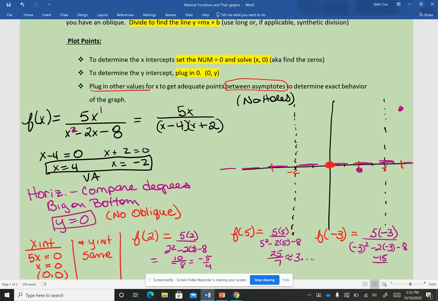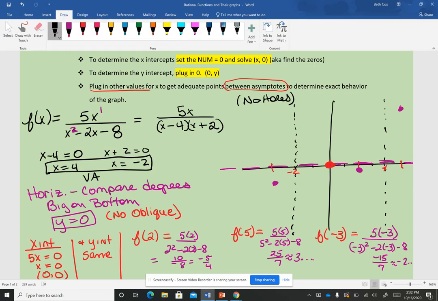And 15 minus 8 is 7. So this is approximately -2 point something. Okay, so from this information, I'm able to pick out my multiple choice options. You can? Yes, you can.